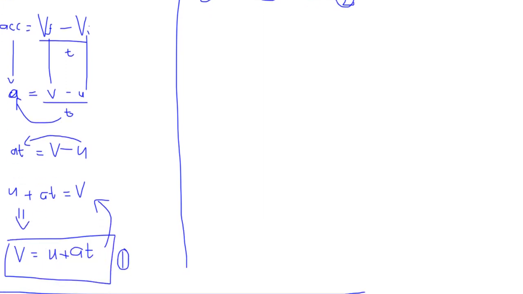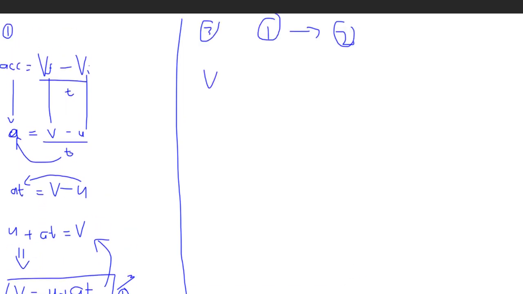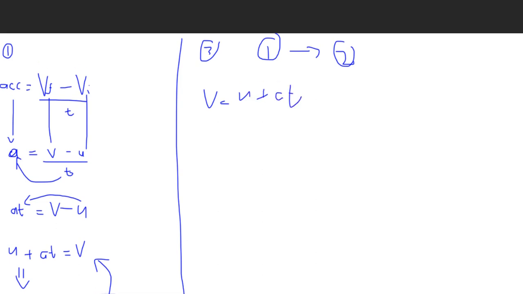So what was the first equation? The first equation is this one: v is equal to u plus at. And our second equation is s is equal to half (u plus v) t.